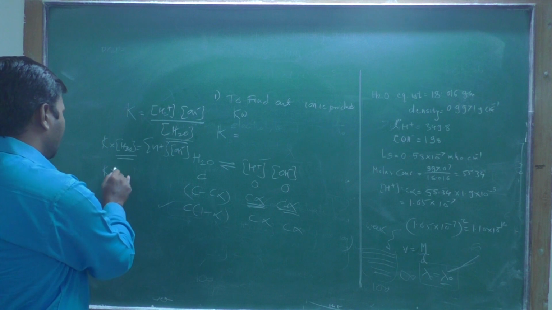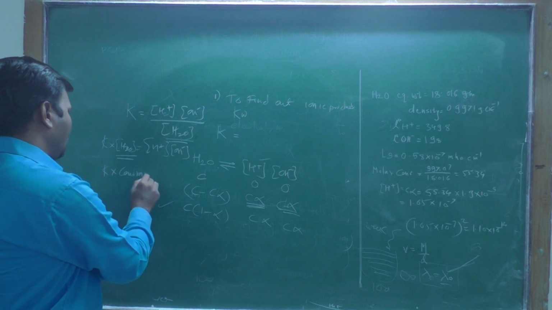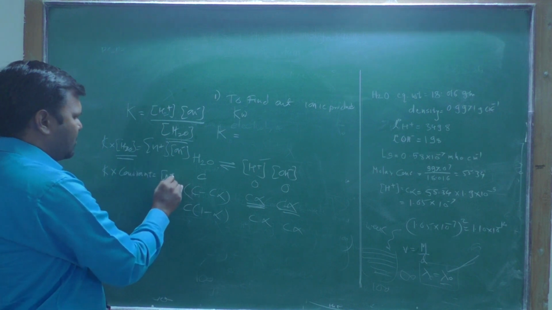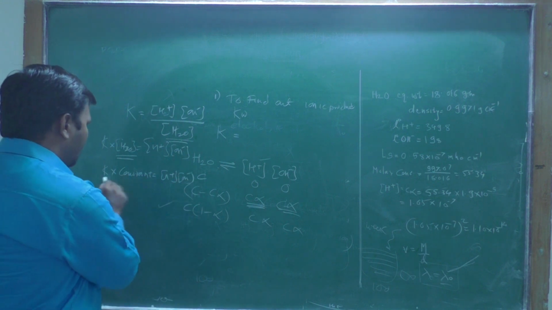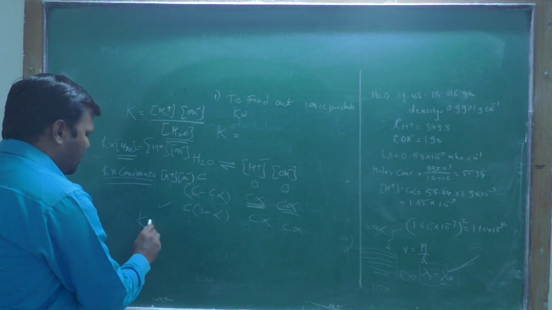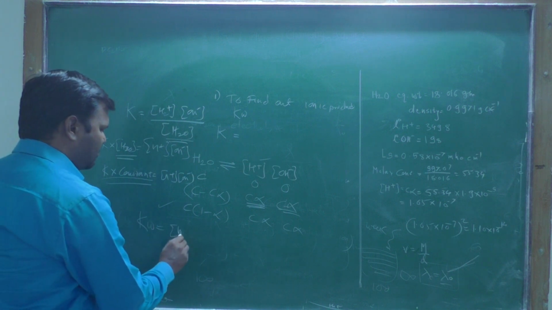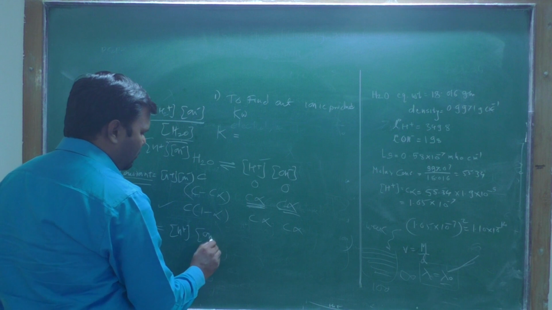Therefore K into this constant equals the H plus ion concentration times the OH minus ion concentration. K into constant is considered as the new quantity Kw, that is the ionic product of H plus ions and OH minus ions.